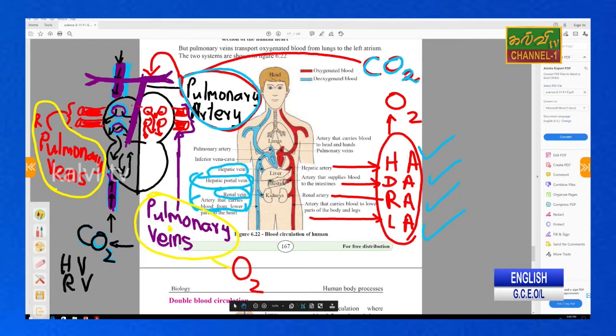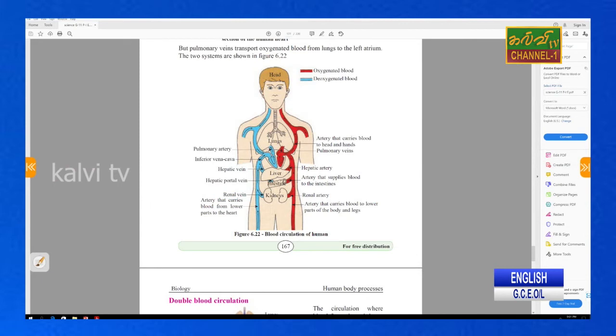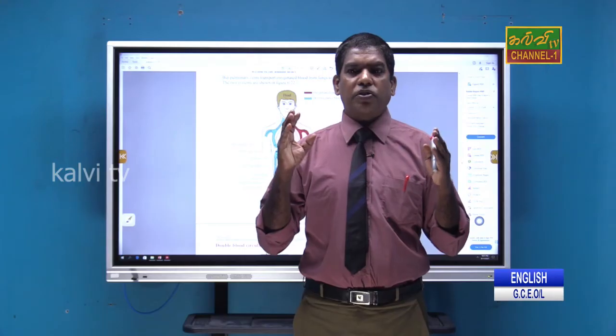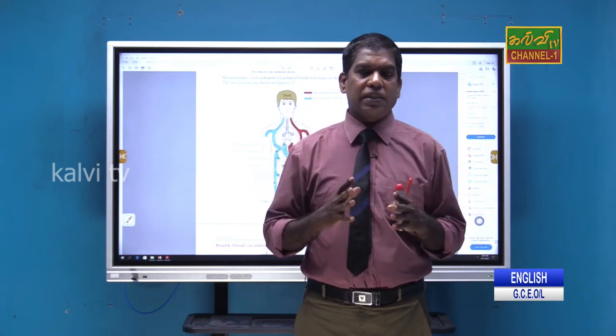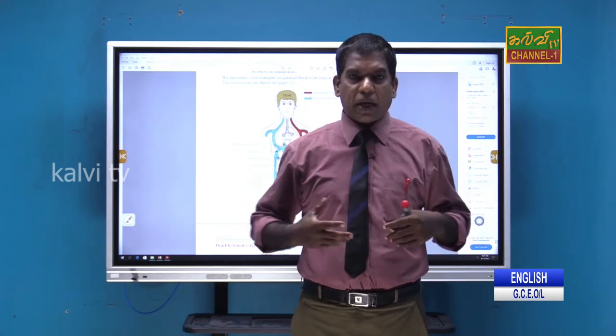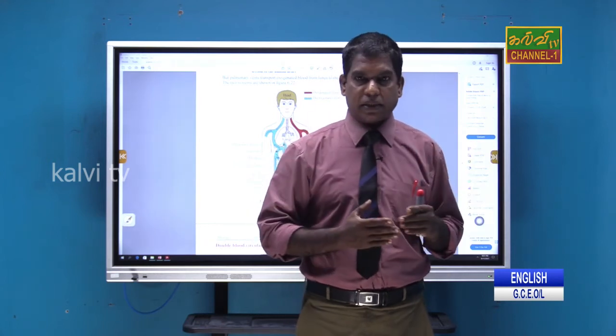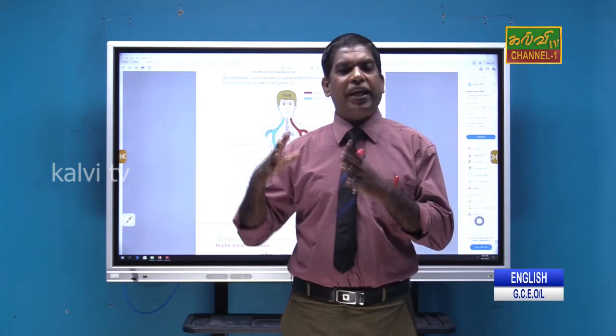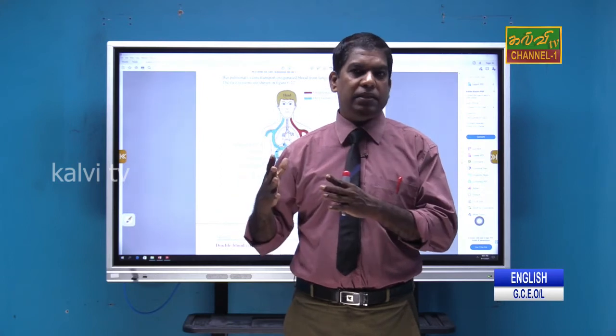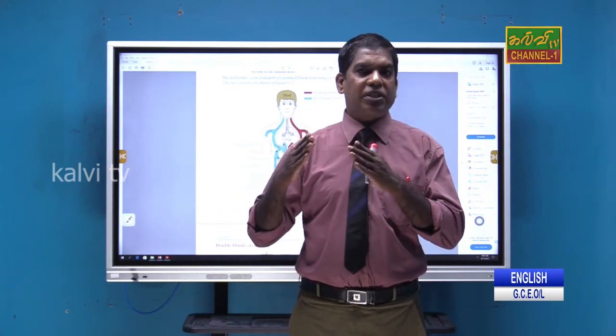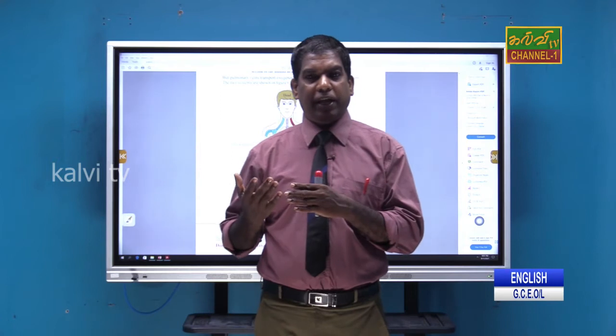Okay, students, you must be aware of this. You must know that most of the arteries in the body carry oxygenated blood, exception pulmonary artery. Most of the veins carry deoxygenated blood, but the exception is the pulmonary vein.